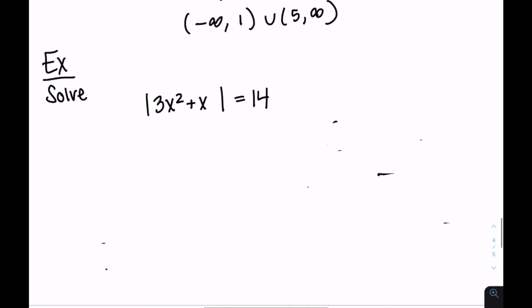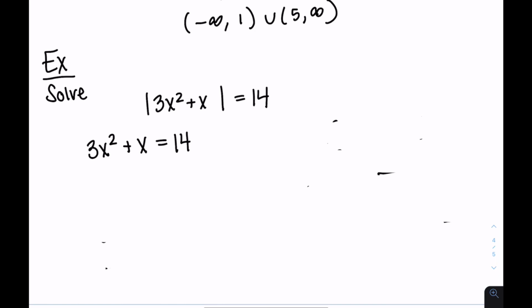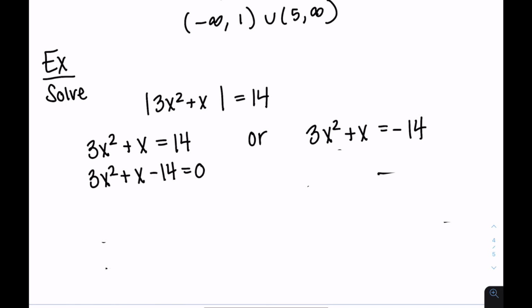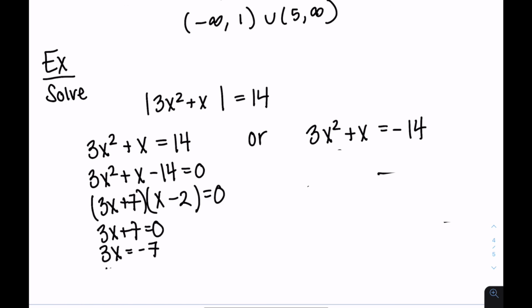All right, so in this last one, we've got the absolute value of this expression equals 14. Same exact idea. The inside's going to equal 14 or the inside's going to equal negative 14. So what we do is we just solve each of these. They're just quadratic expressions. Maybe it factors, and this one does. So you end up with 2 possible solutions, x being negative 7 over 3 or x being 2.